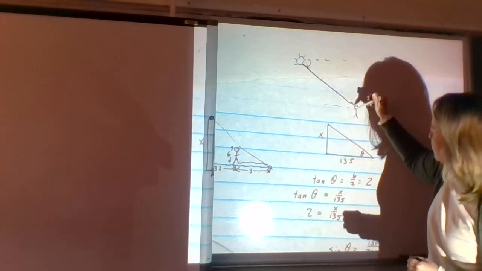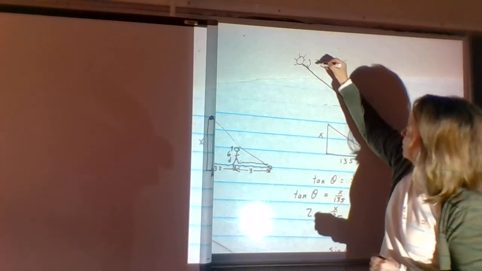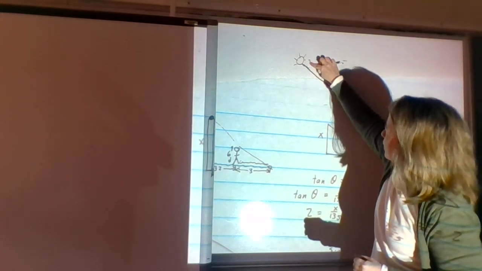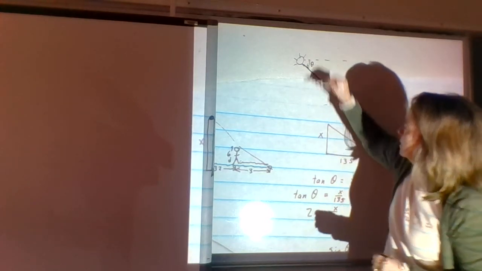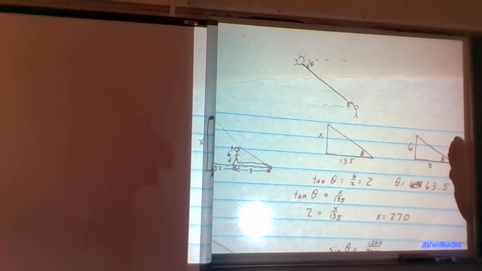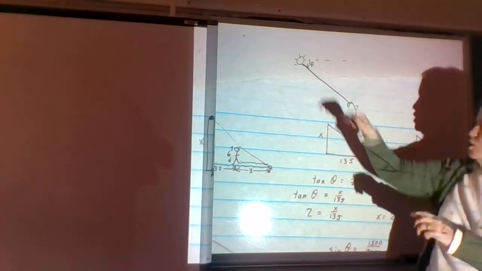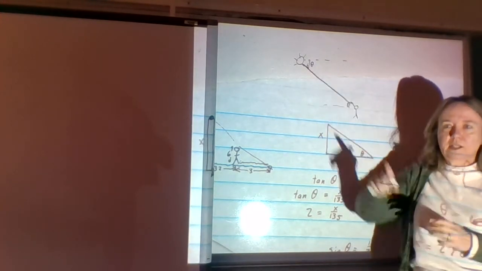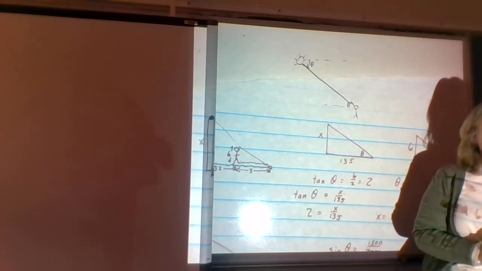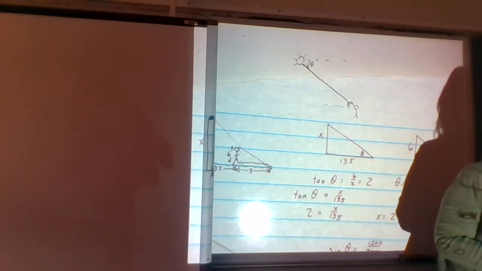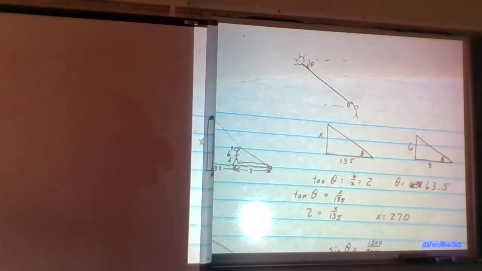Okay. So this would be the other angle, right here. Can you buy that the angle of depression is equal to the angle of elevation? Can you buy that that's true?